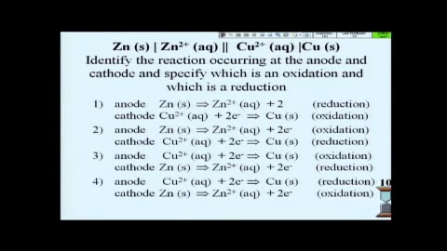Okay, 10 seconds. Most people should get this right.